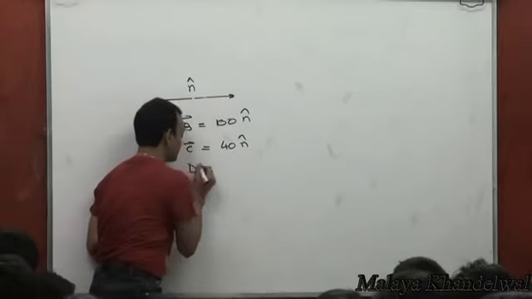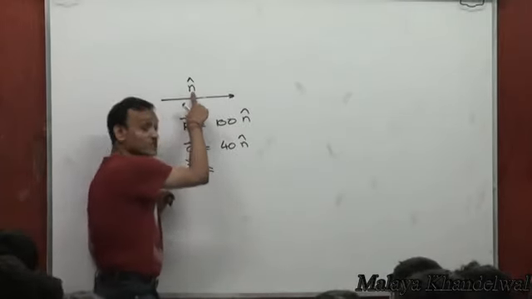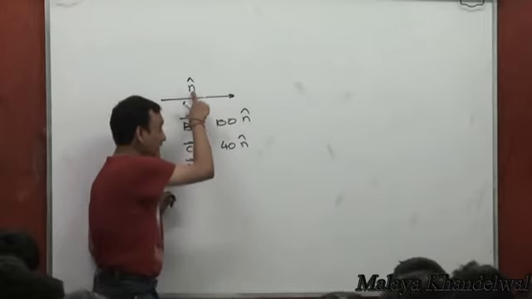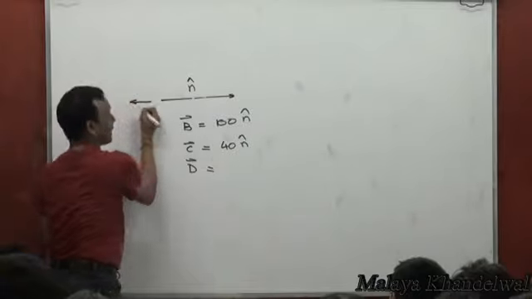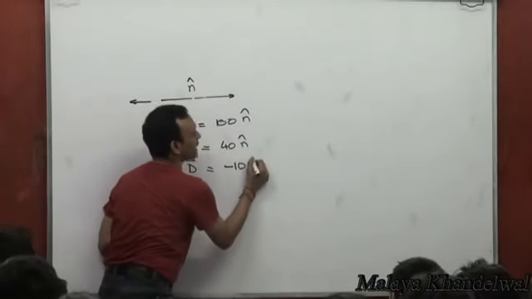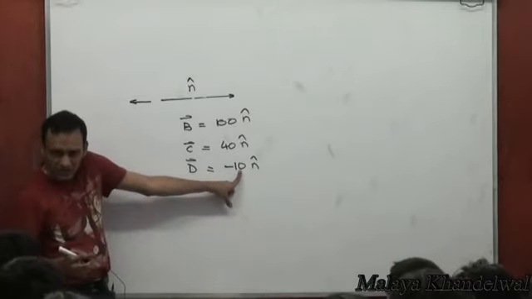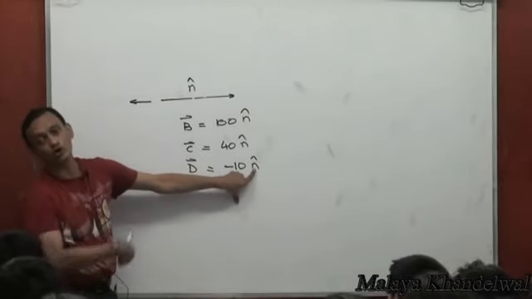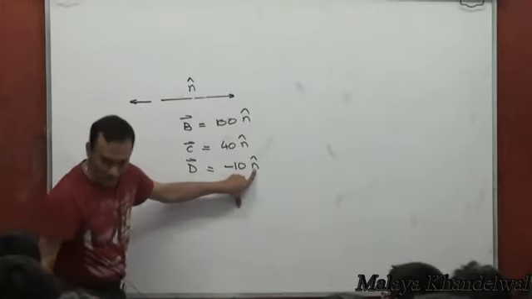Find a vector D which is 10 units but directed opposite to n cap, that will be minus 10 n cap. It will be a vector of 10 units but its direction would be opposite to n cap. Got me?